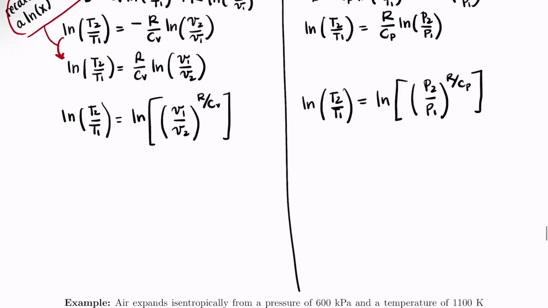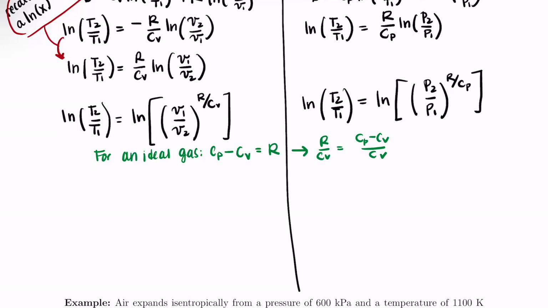Okay, so now I'm going to give you a comment that's kind of a reminder, but maybe something new. So for an ideal gas, Cp minus Cv is equal to R, which means that R over Cv is just Cp minus Cv over Cv.